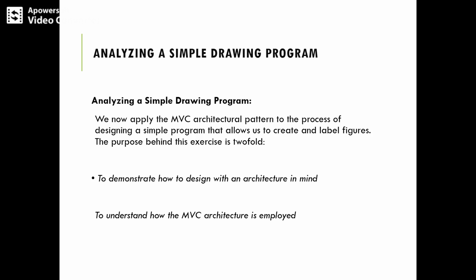Before going on to designing the system, we should clearly have the clarification from analyzing the system. In the next video we will continue analyzing a simple program: first specifying the requirements, followed by defining the use cases, that is, the use case table, which we are going to study in the next video.